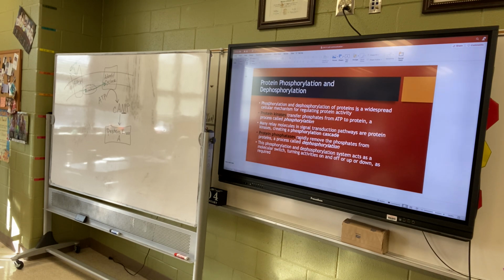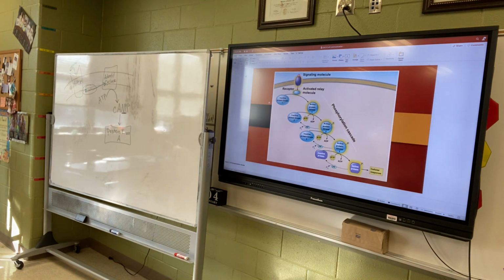Kinases add the phosphate group, phosphatases remove the phosphate group. When a protein is phosphorylated, it's activated. When it's dephosphorylated, it's deactivated. Capiche? All right, let's look at it.